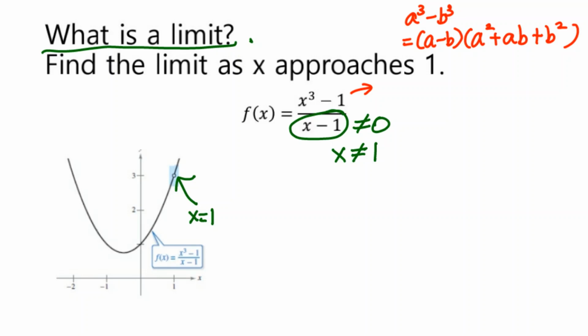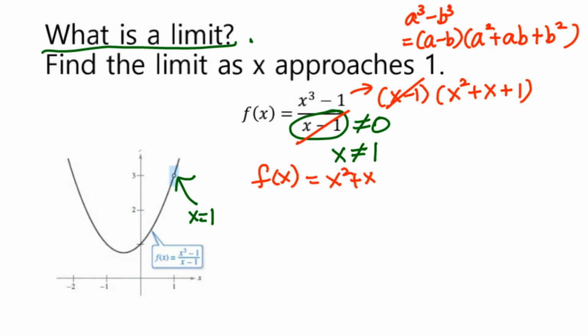So we can factor this out to x minus 1, x squared plus x plus 1. All right. So we can simply cancel these two out. So x minus 1 is gone. So let me rewrite the function. f of x is x squared plus x plus 1. But we are not done because x is still not 1.